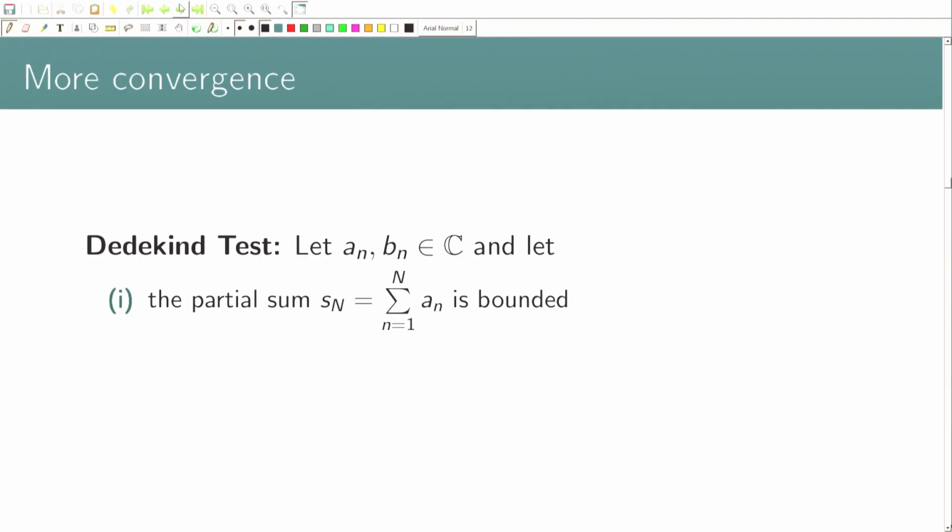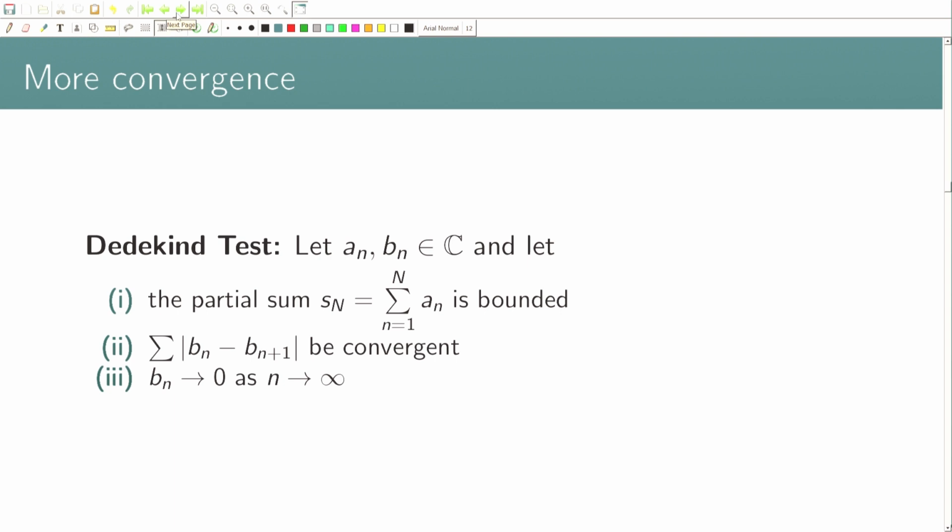That is the so-called Dedekind test, which says that you take A n and B n, sequences of complex numbers, and let the partial sum of A n be bounded, and the absolute value of the difference of two consecutive B n, this series is convergent, and B n converges to 0 as n goes to infinity.